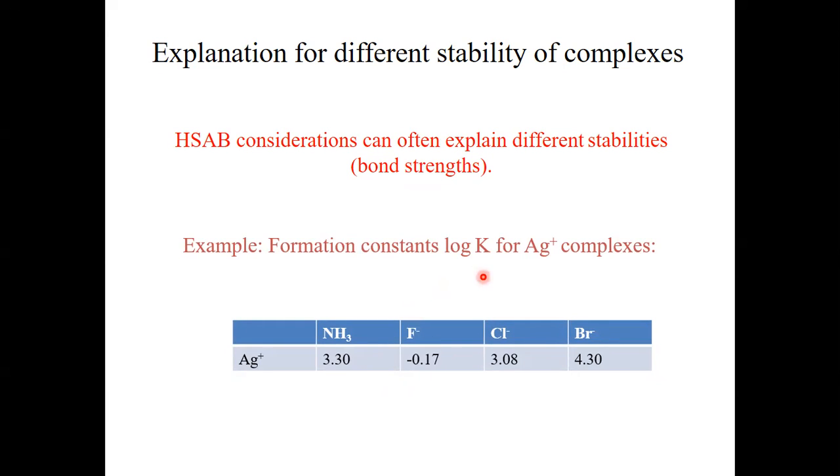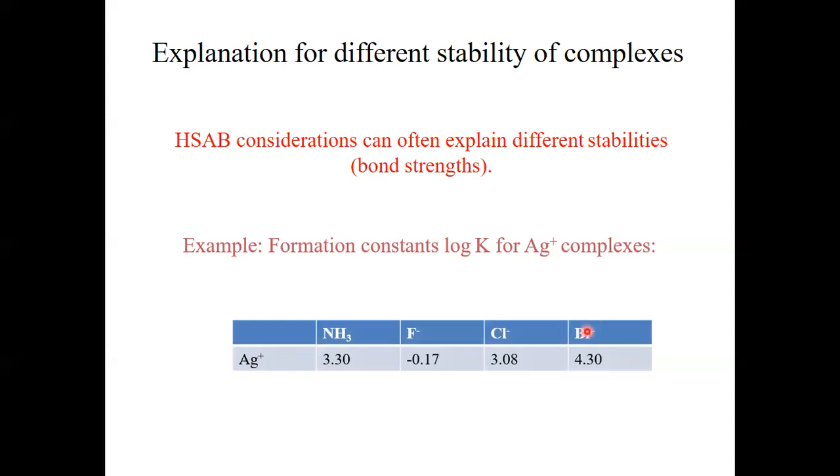So here's an example. You see here different log K values for silver complexes. With amine, the silver plus makes a complex that is associated with a log K value of 3.30. With fluoride, the log K value is minus 0.17. With chloride, it's 3.08.